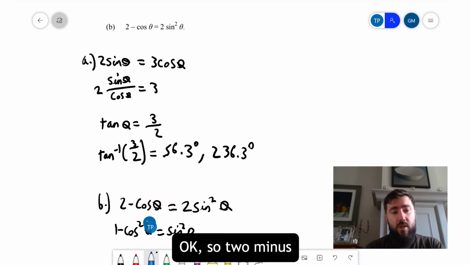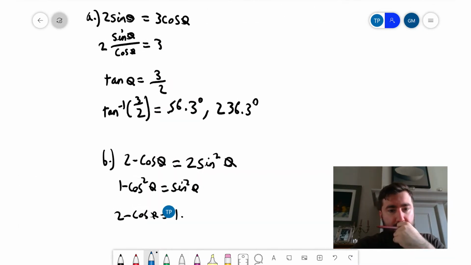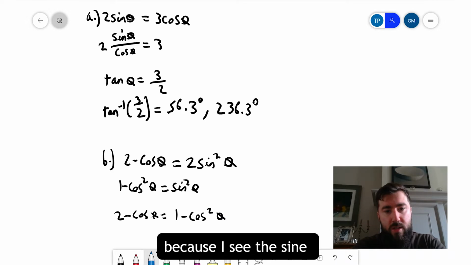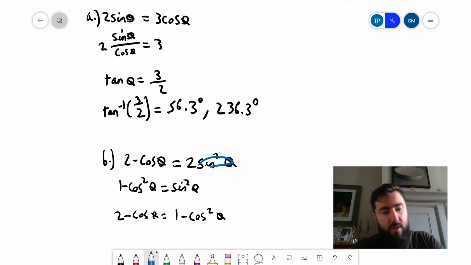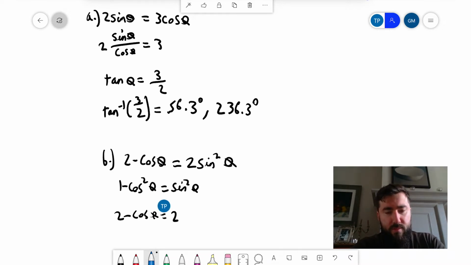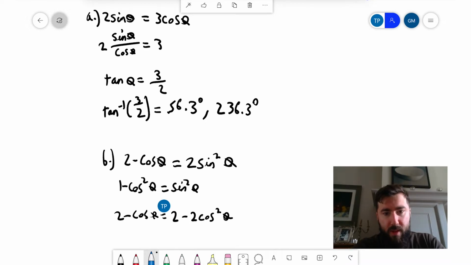So 2 minus cos theta equals 2 times 1 minus cosine squared theta, so 2 minus 2 cos squared.